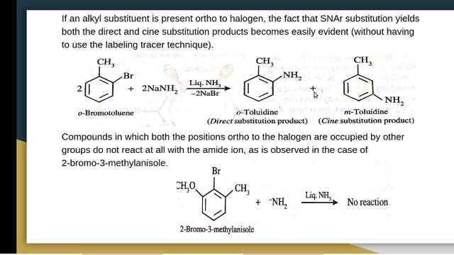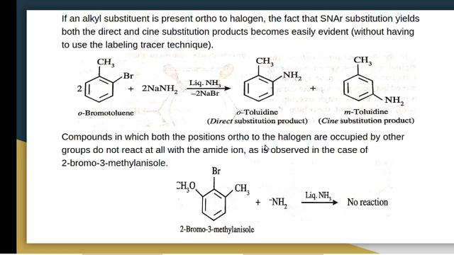But in the case of cine substitution product, the nucleophile is attached on the adjacent carbon to where the halogen was attached. So there are two compounds formed by the reaction between NaNH2 and the bromotoluene. This indicates the possibility of elimination addition mechanism through benzyne intermediate.